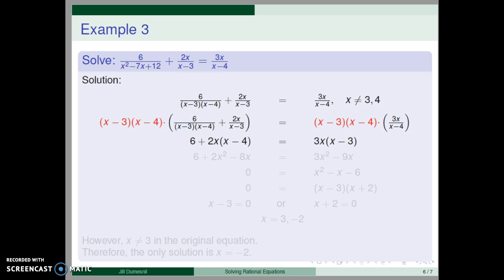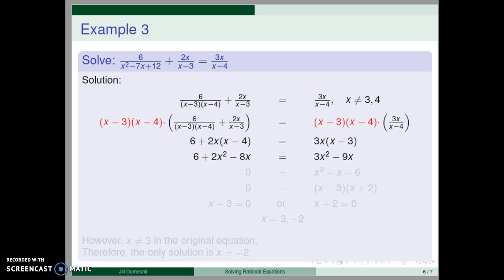And on the right-hand side, we have 3x times x minus 3 after canceling our x minus 4. We can simplify both sides more to get 6 plus 2x squared minus 8x equals 3x squared minus 9x.